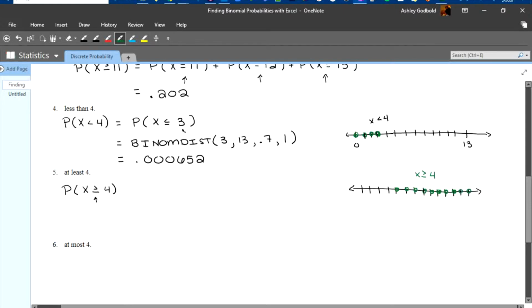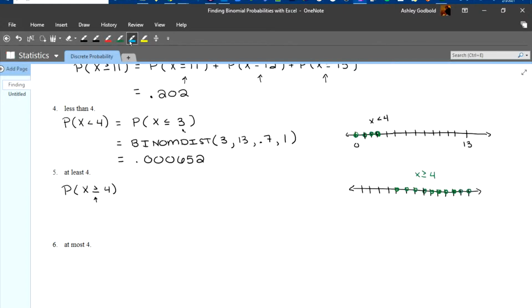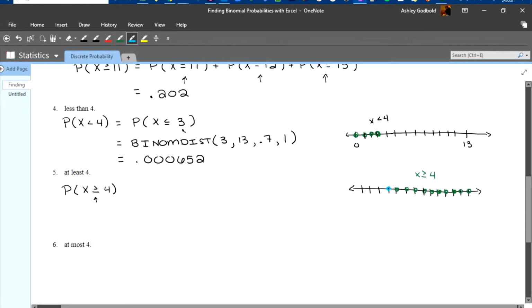So the complement of that would be these over here, which is 0, 1, 2, 3, so x less than or equal to 3. Remember, when you use the complement rule, you do 1 minus the probability of x less than or equal to 3.